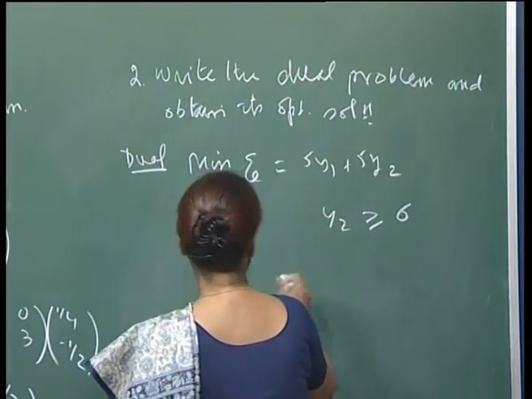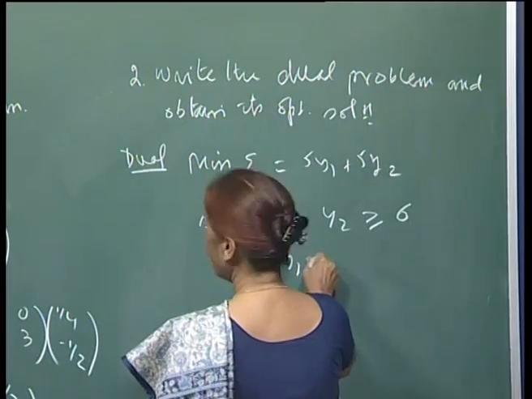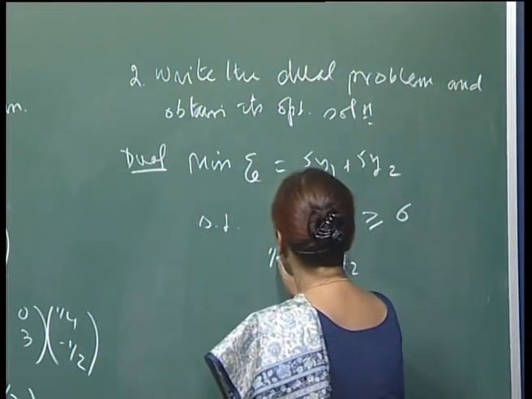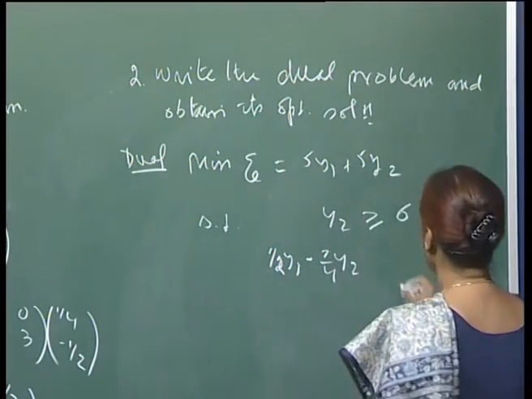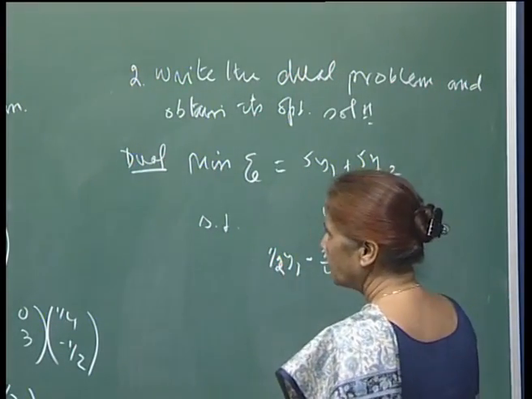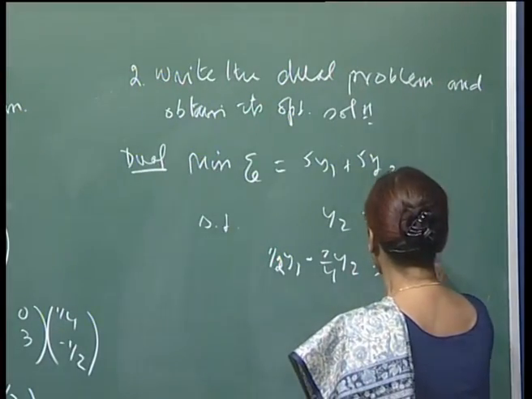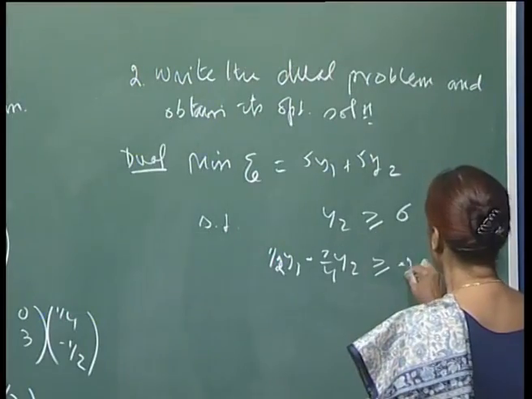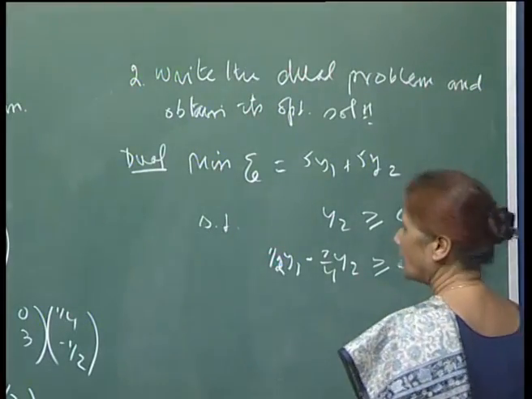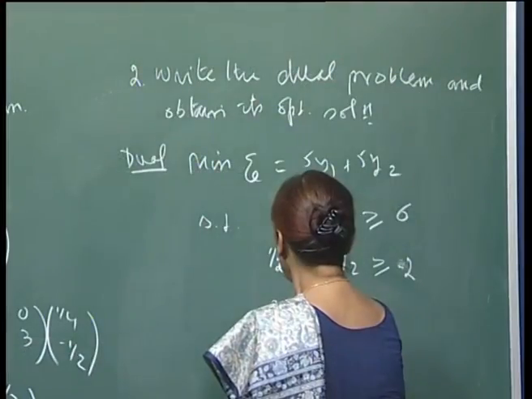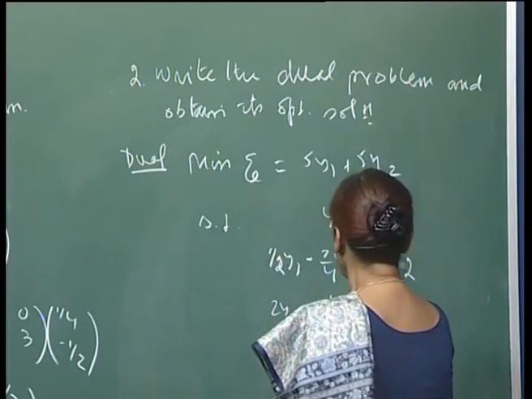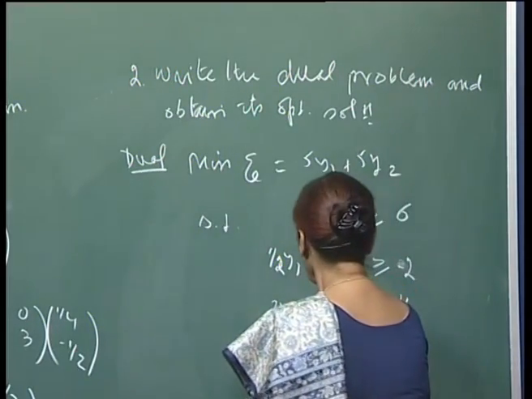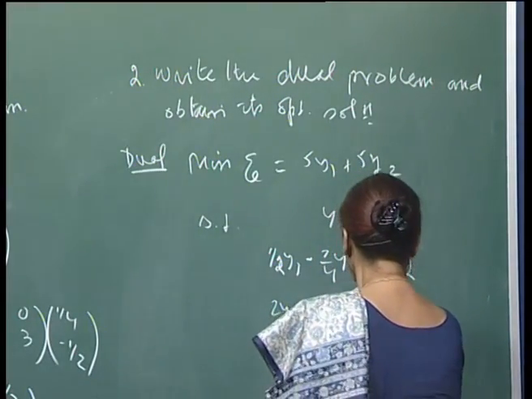The other one is 1/2 y1 minus 7/4 y2, which is greater than or equal to minus 2, sorry, the coefficient is minus 2. Then the third column is 2y1 minus y2 greater than or equal to 4. And y1, y2 greater than or equal to 0.